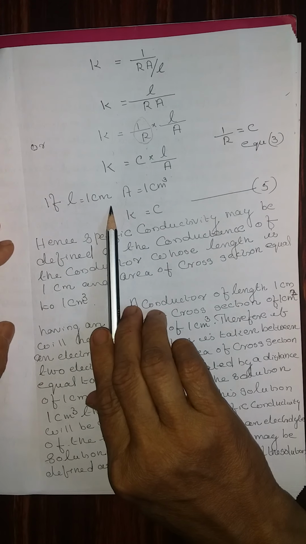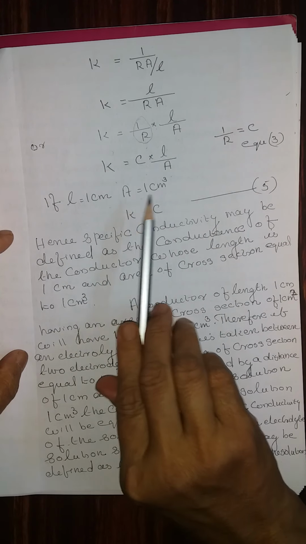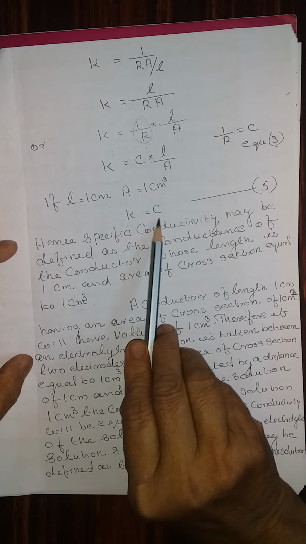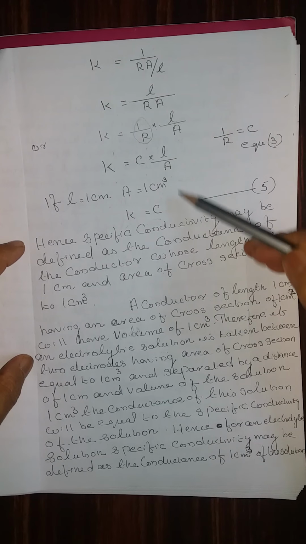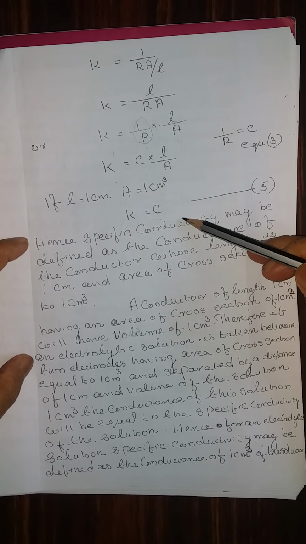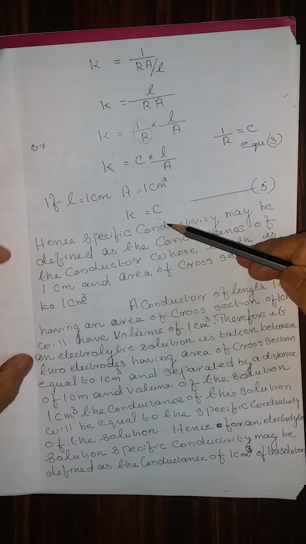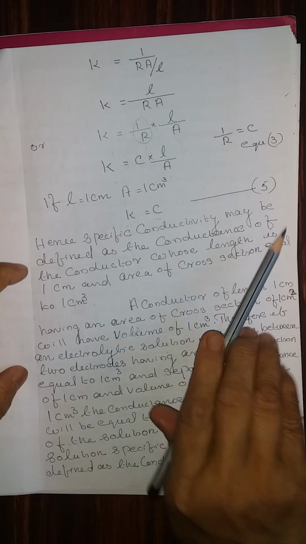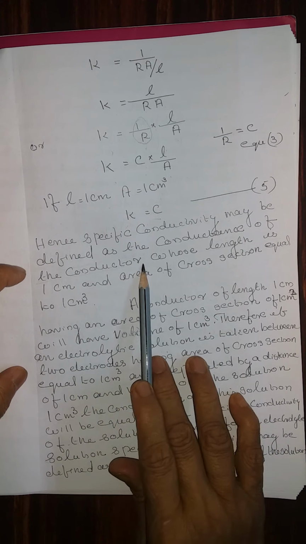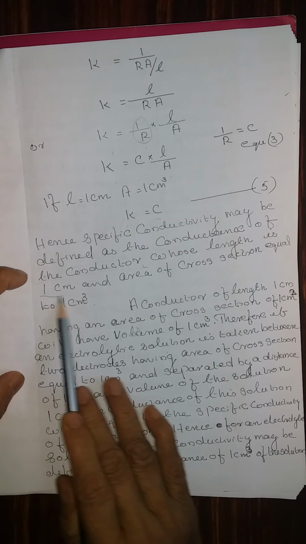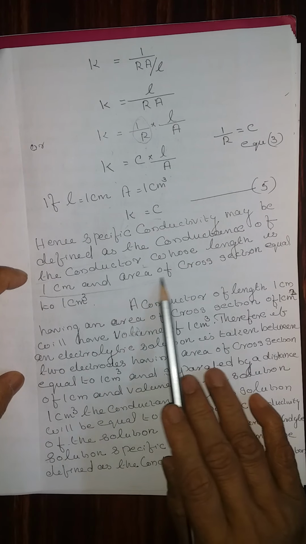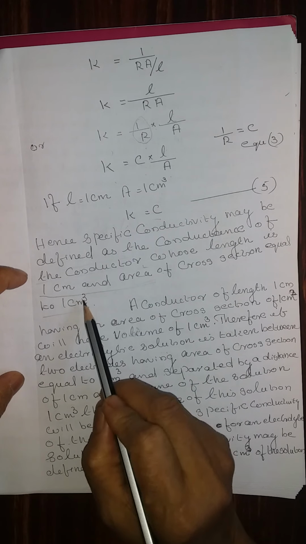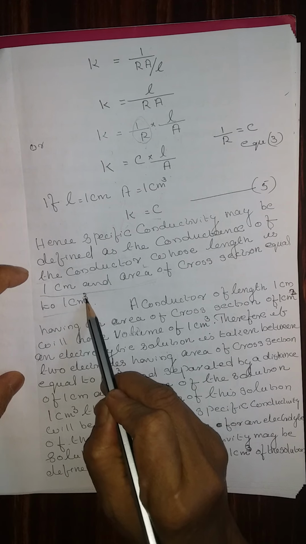If L is equal to 1 centimeter and A is equal to 1 centimeter square, kappa is equal to C. This equation you should derive by yourself and find out whether you are getting the correct answer. Hence, specific conductivity may be defined as the conductance of the conductor whose length is 1 centimeter and area of cross section is equal to 1 centimeter square.